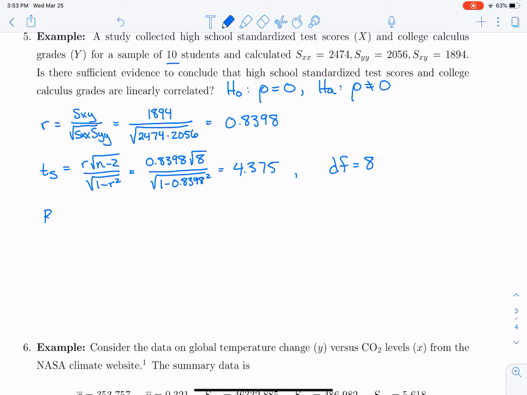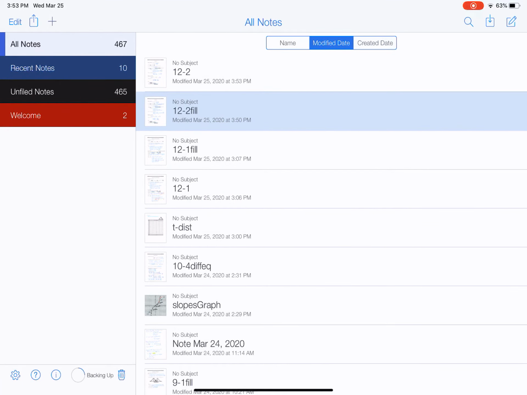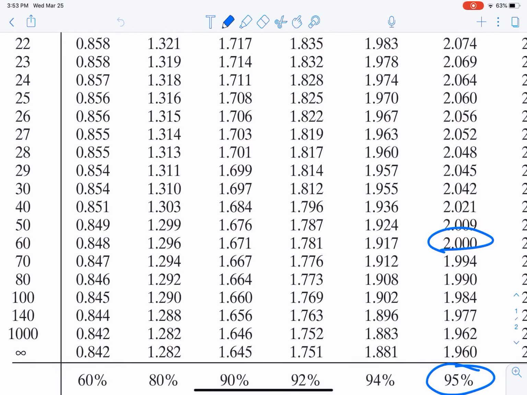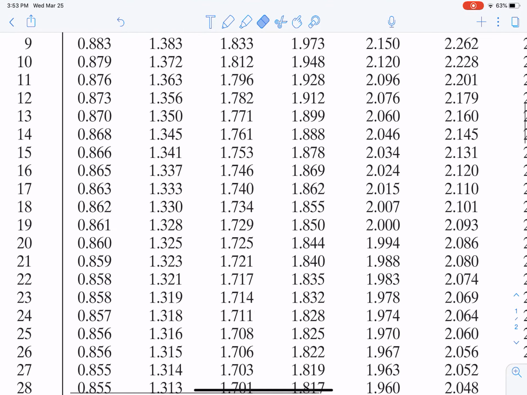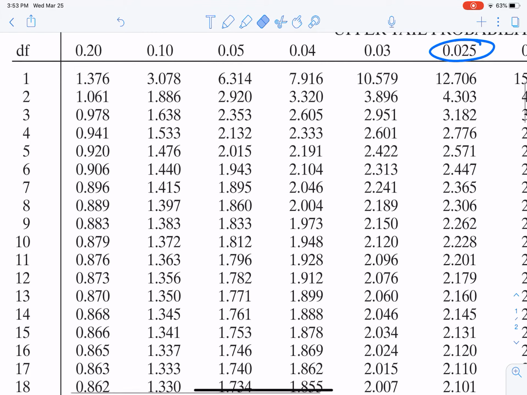Now my rejection region is t bigger than t.025, and we would have to calculate t.025. So I'm going to go to my t distribution chart, and I'm going to go to a degrees of freedom of 8.